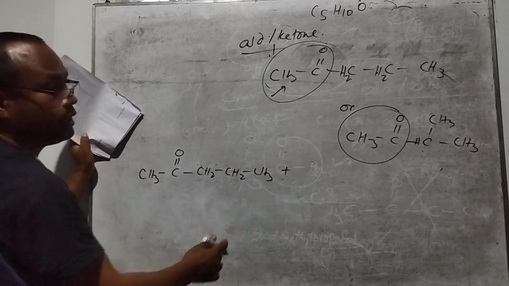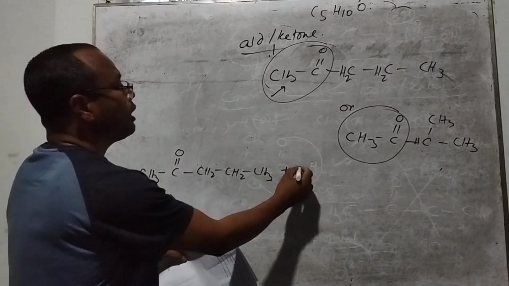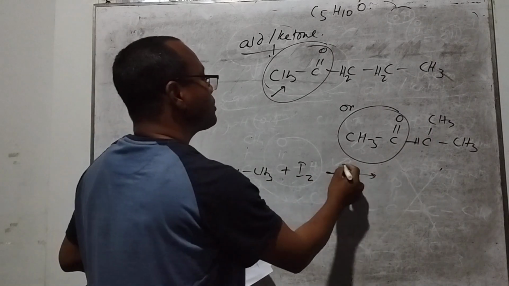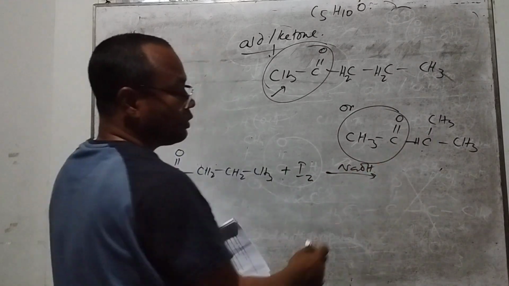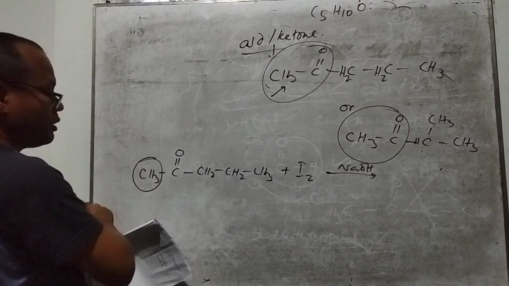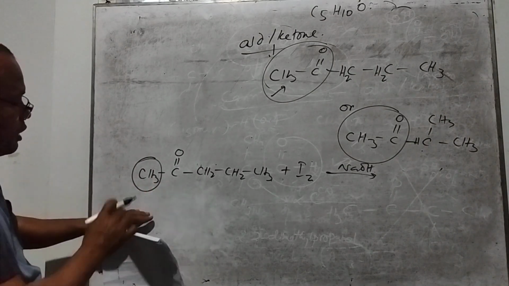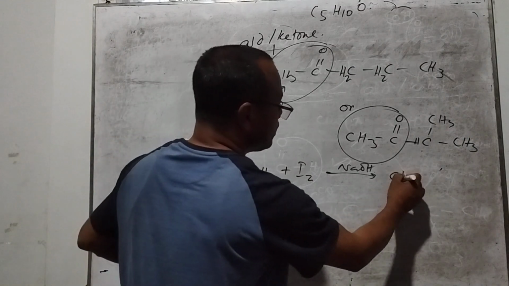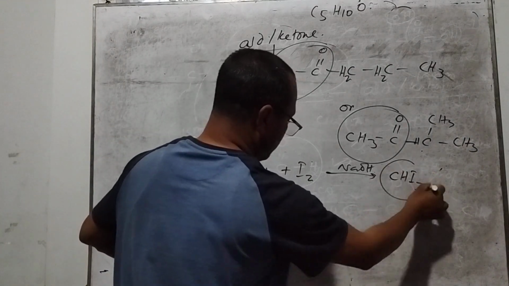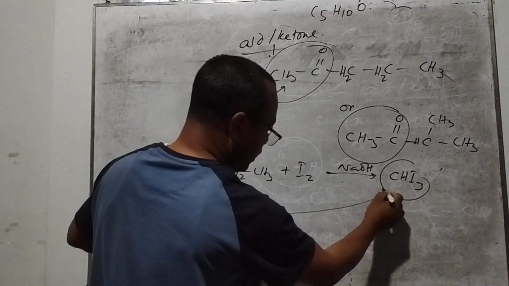Haloform reaction means reaction with halogen. So let me write iodine in the presence of sodium hydroxide. This CH3 part, bonded to the C double bond oxygen, should be converted into iodoform.